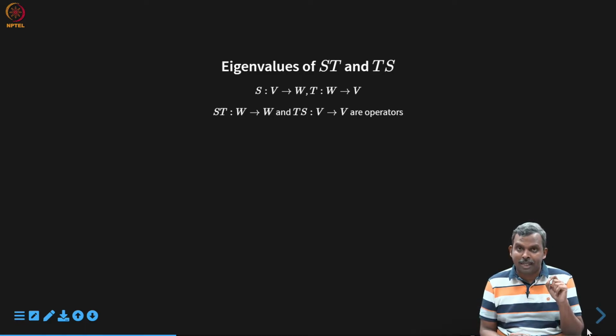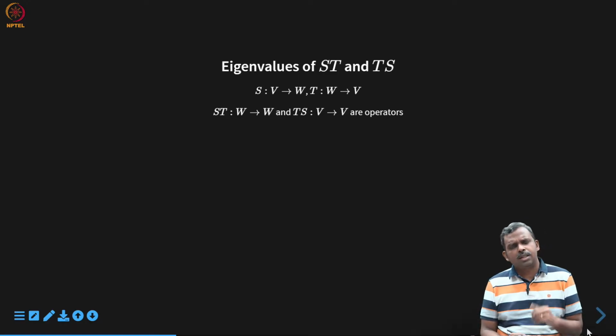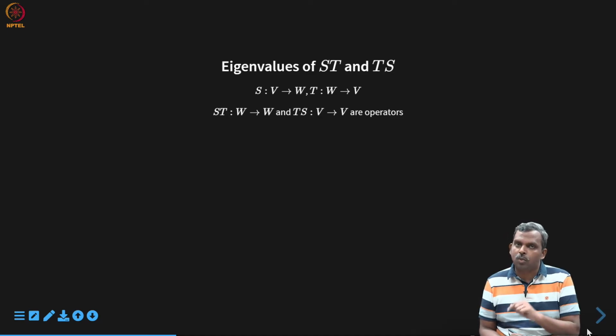Suppose you have a linear map S from V to W, and some other linear map T from W to V. That's the situation where both ST and TS are well defined, and they are both operators. This is a very interesting situation, and it can happen quite often. With an operator and its adjoint, with a linear map and its adjoint, this is exactly what happens, isn't it? So let's look at this situation more closely, particularly from the view of eigenvalues.